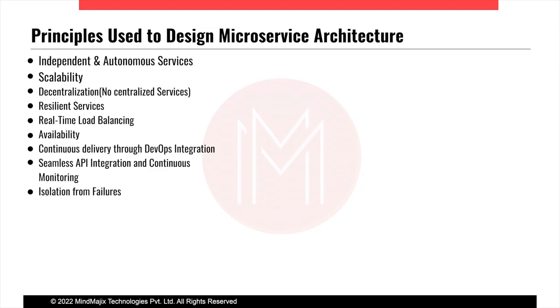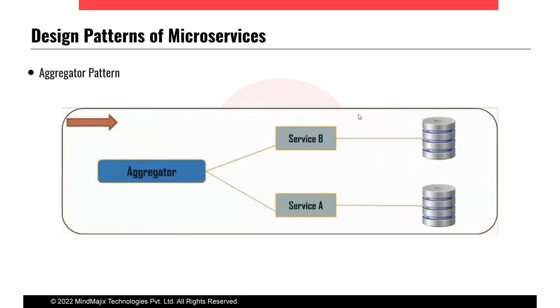Next, we have design patterns of microservices. We have many design patterns in microservices. Let's talk about the first design pattern, the aggregator design pattern. Aggregator means, in the computer world, we collect all the requests.